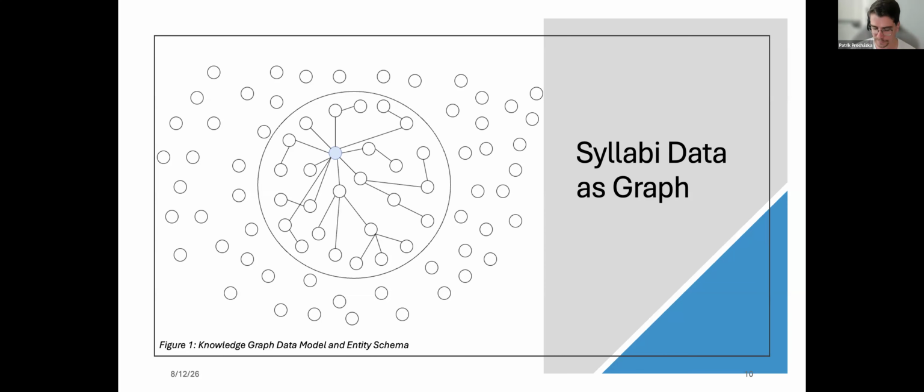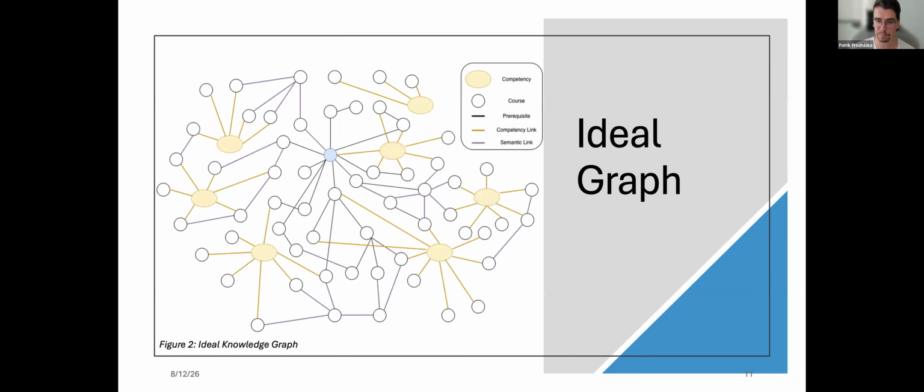So yeah, that's what the LLM brings in: it can connect the courses together on a semantic level, right? So let me introduce the ideal graph we tend to have as a source for our algorithm and the course recommender. The yellow ovals are the competencies. The circles are courses.